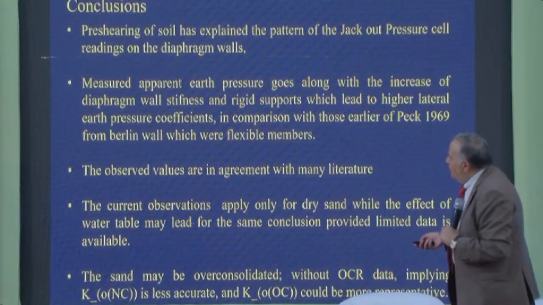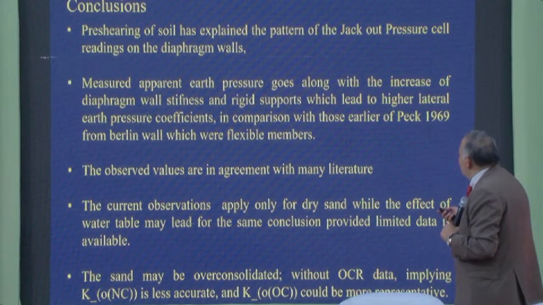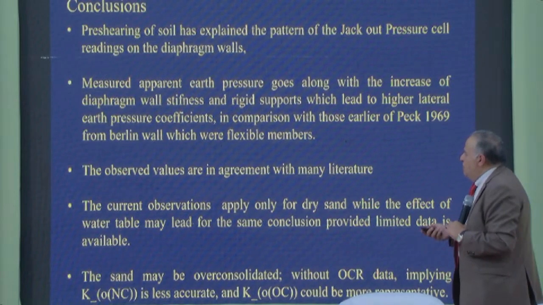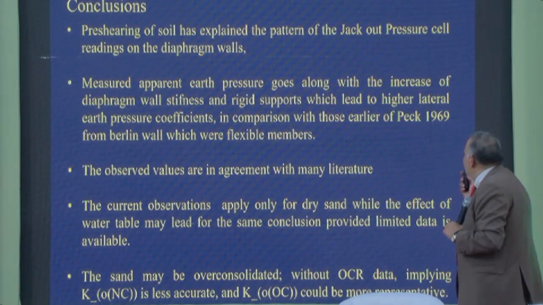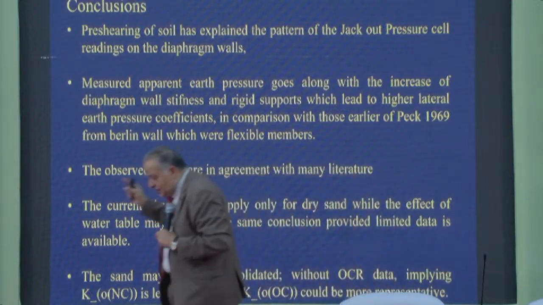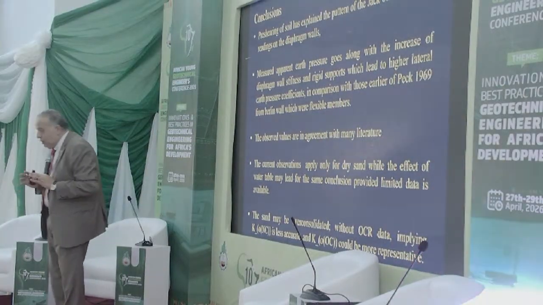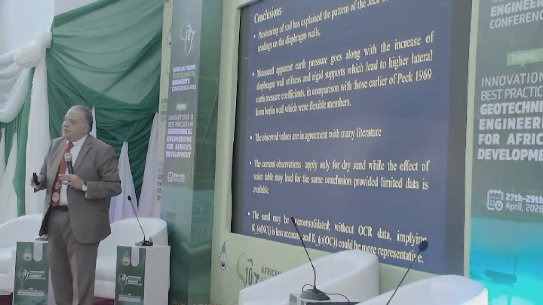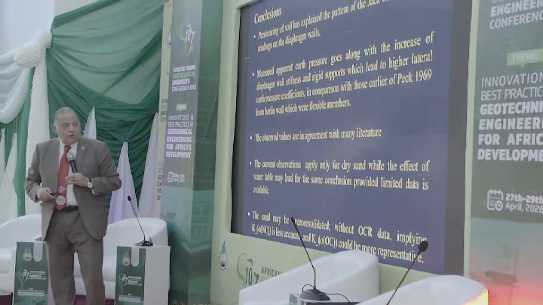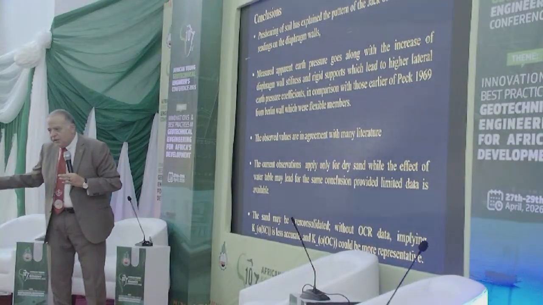Conclusions: pre-shearing of soil has explained the pattern of the jack-out pressure cell readings in the diaphragm wall. Measured apparent earth pressures go along with the increase of diaphragm wall stiffness, having in mind that in the metro line the station wall was 1.2 meter thick, very, very rigid. So because it's very stiff, it measured much higher pressure.